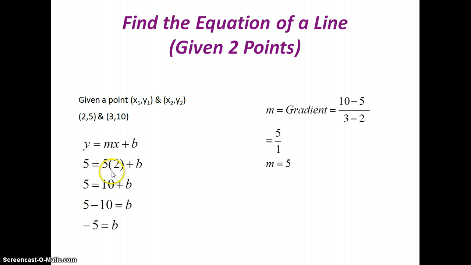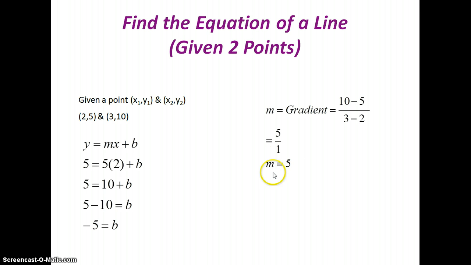Simplifying, 5 equals 5 times 2, which is 10, plus b. Then rearranging this equation to isolate b, we move 10 to the other side, minus 10, so negative 5 is equal to your y-intercept.